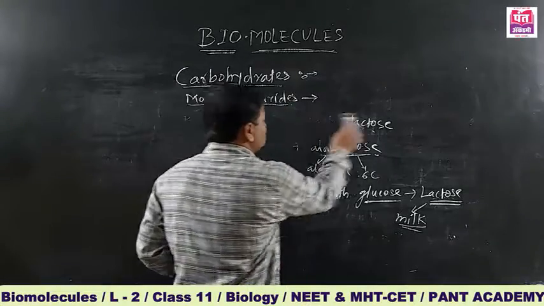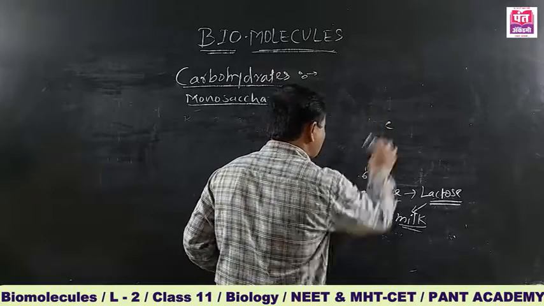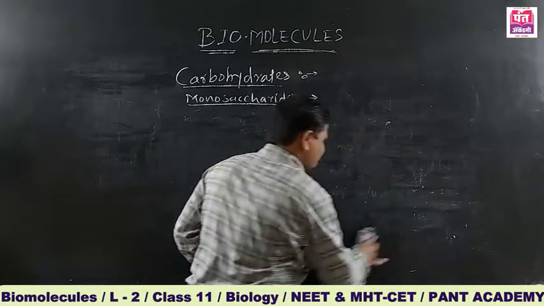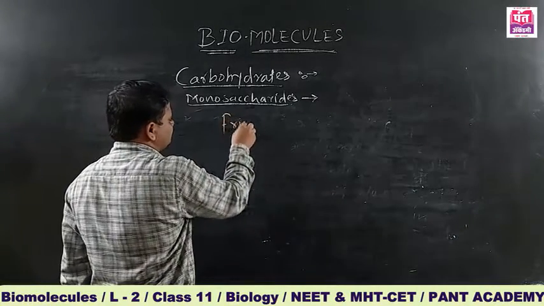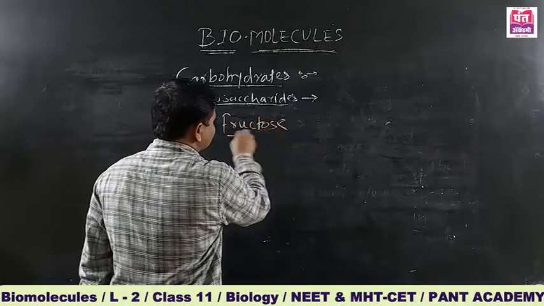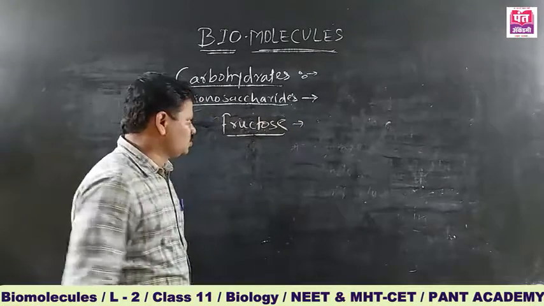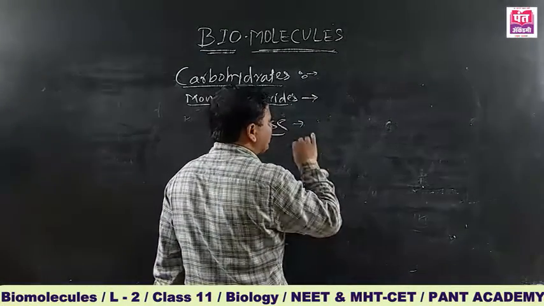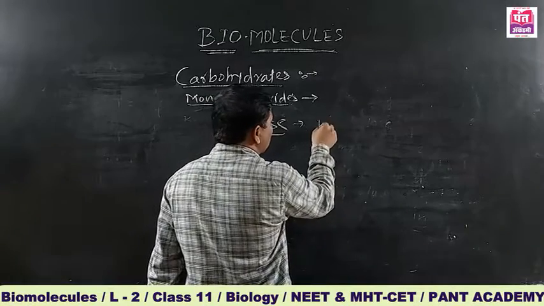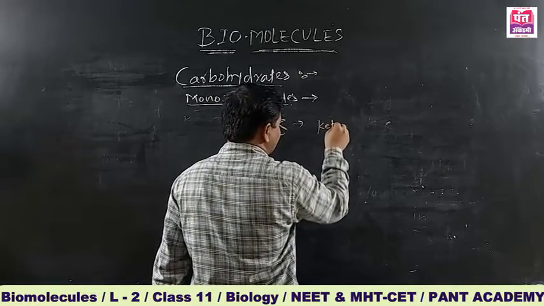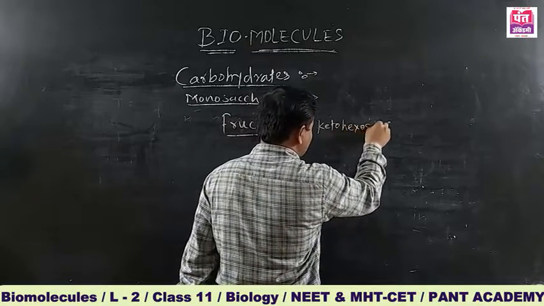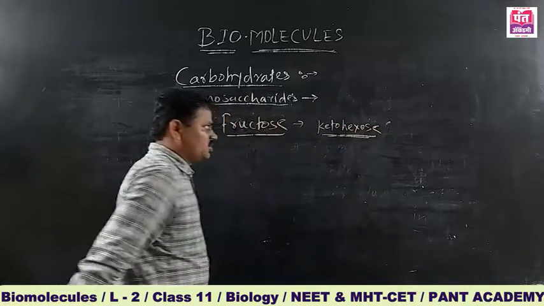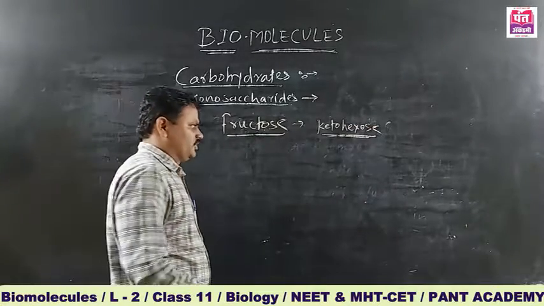The third type of monosaccharide we have is fructose. This fructose is also a ketohexose, as we have said earlier. It is a ketone isomer of glucose, we can say.